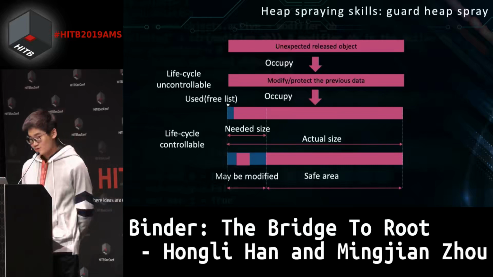Then we use the arbitrary read to obtain the credential address and write them to 0 to root directly. This is an example of attacking the f_cred to root directly.